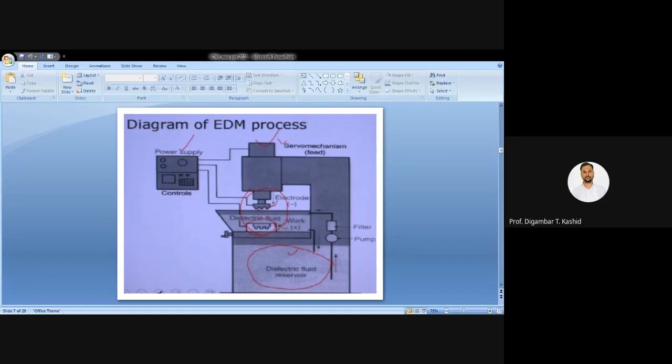While machining is going on, material will be removed from your workpiece, that we know.